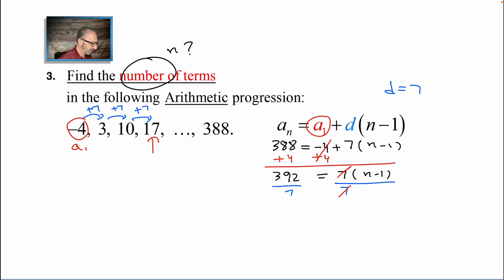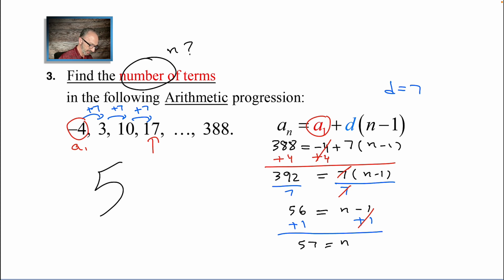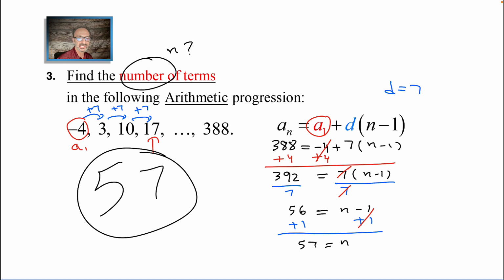And 392 divided by 7 is 56 equals n minus 1. Let's add 1 to both sides. And now we end up with n equals 57. So the answer to the question, we do have 57 terms.